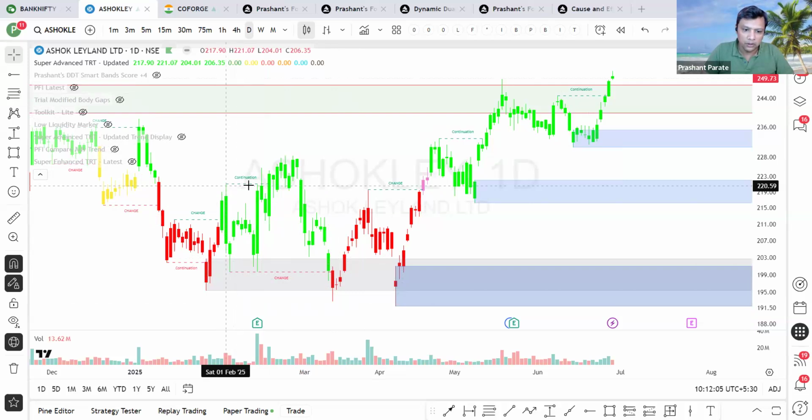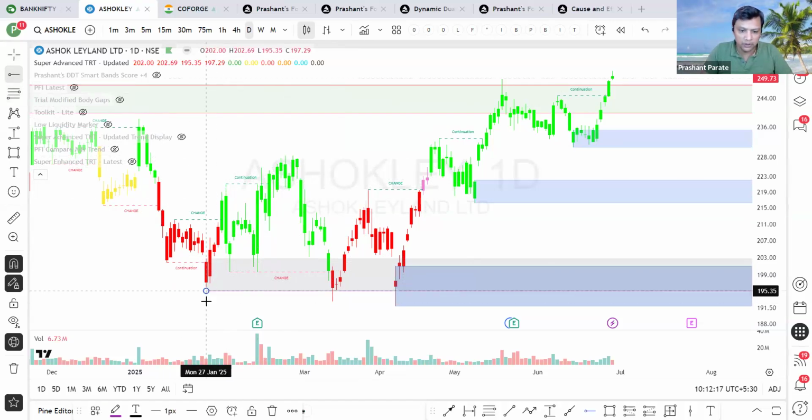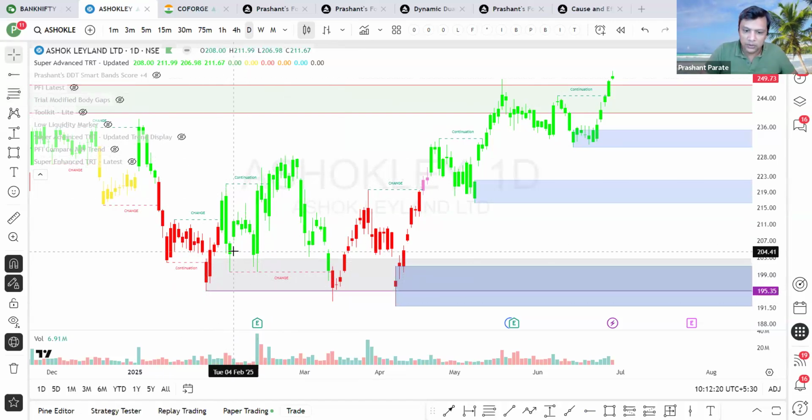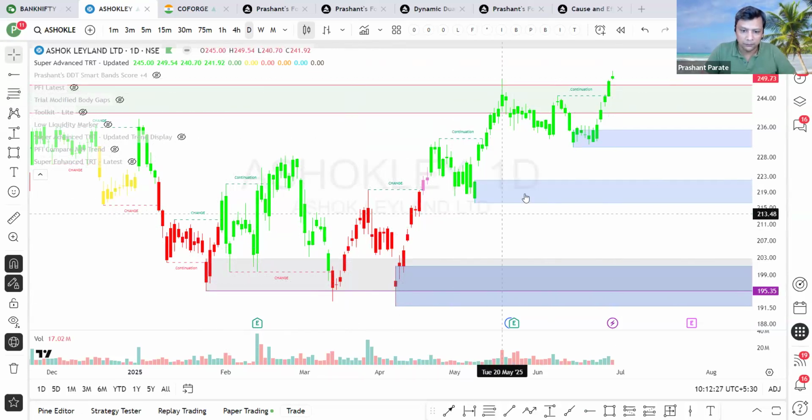Actually, it came down, completed first target, and then it went up slightly above, and then it has changed the color. But if you notice, this starting point has not disappeared. That means if you just want to hold on, you can still hold on to this even when color is red, and it is still running.